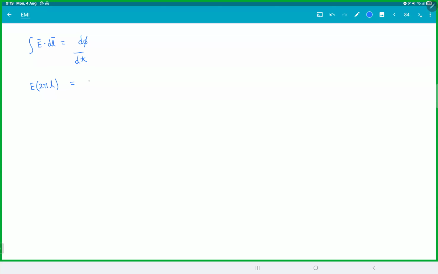Flux will be B naught T square pi L square. So your field is also not constant. Field is also changing with time.